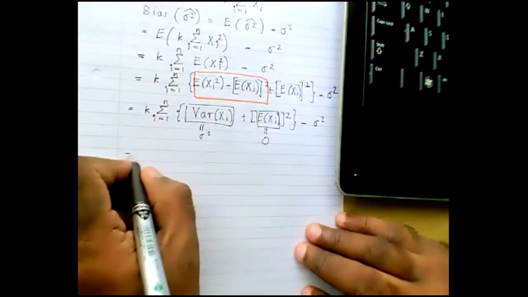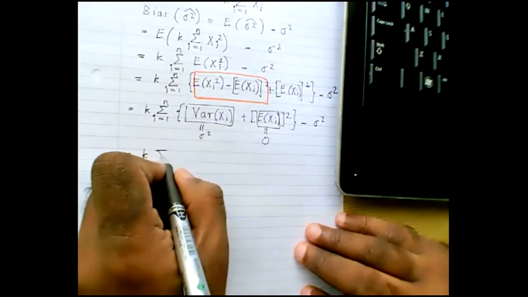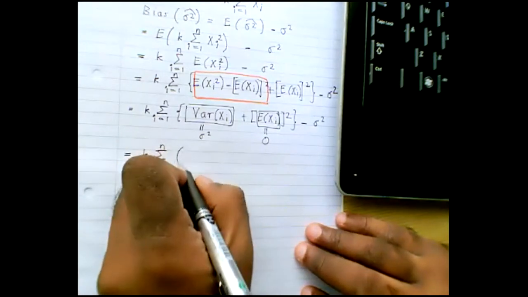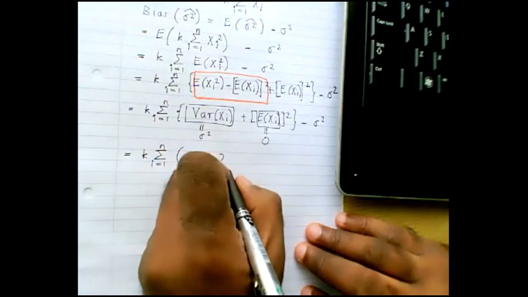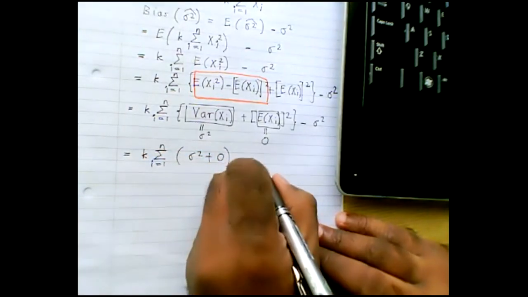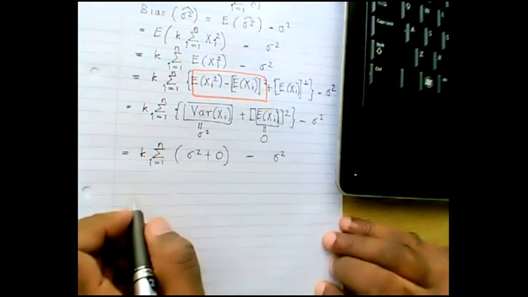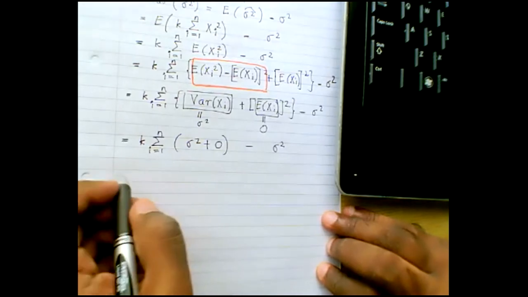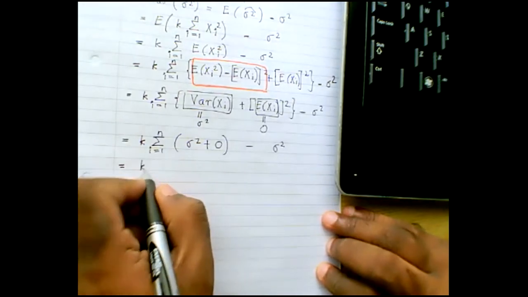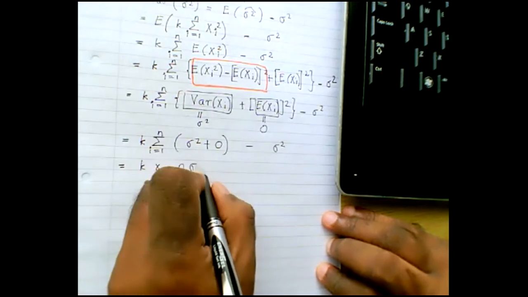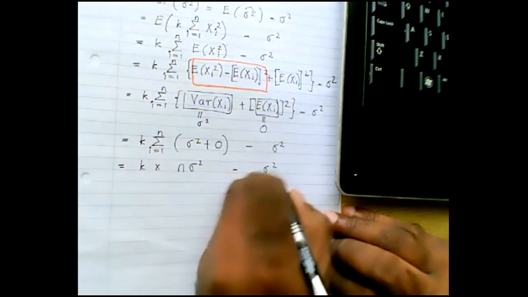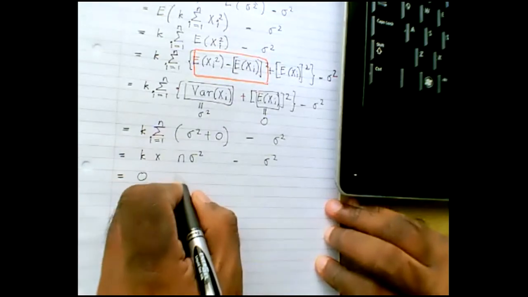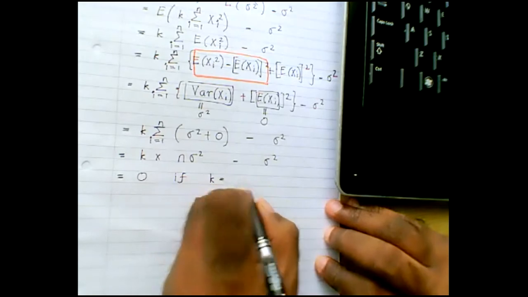So what you have is sigma squared plus 0 minus sigma squared outside. All right, now sigma squared is a constant with respect to i. So what you have is k multiplied by n times sigma squared minus sigma squared. Right. Now this is equal to 0 if k is equal to 1 over n.